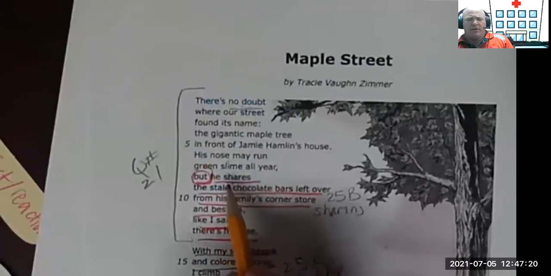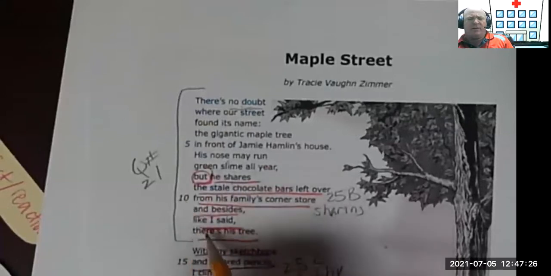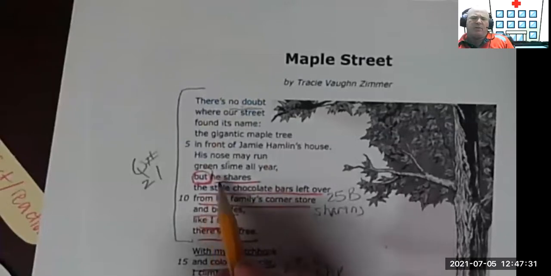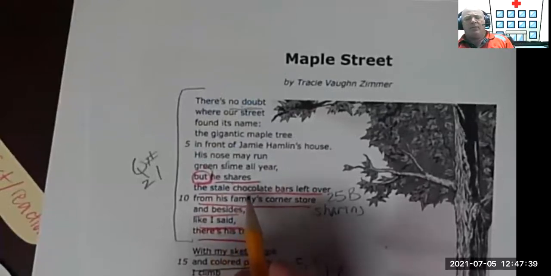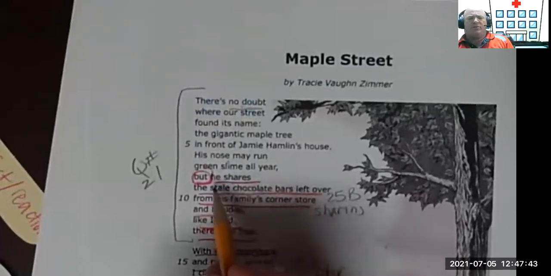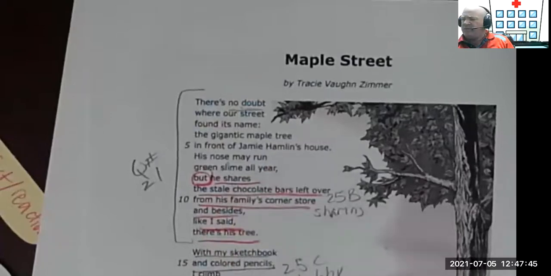And if this was open ended, I'd have to say, how do I think he feels? I'm probably grateful or thankful for him, because if it wasn't for his tree, I wouldn't be able to draw. And apparently, she likes chocolate bars because she doesn't say anything about rejecting them.